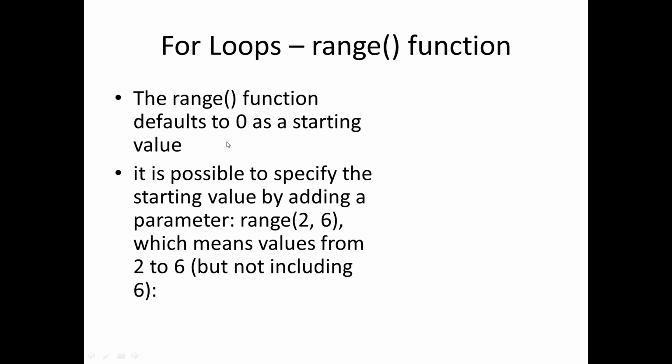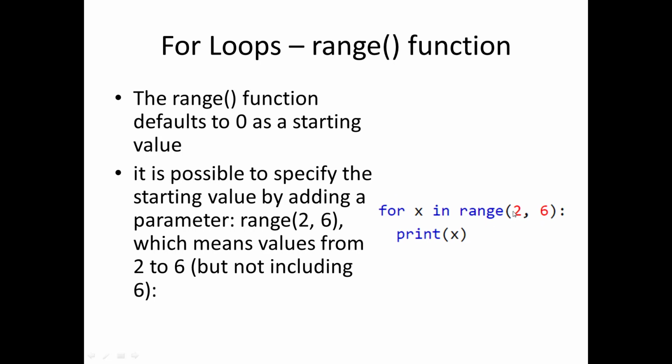if you do nothing. However, it's possible to specify a starting value along with the ending value. So instead of a starting value of 0 by default, in this particular example, we're starting at 2. And we're going to do this a specified number of times, ending up to, but not including 6. So for x in range from 2 to 6, print x.